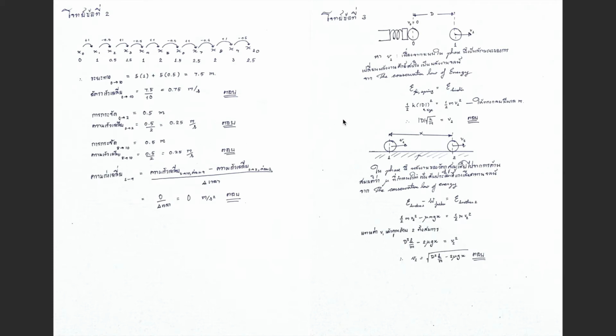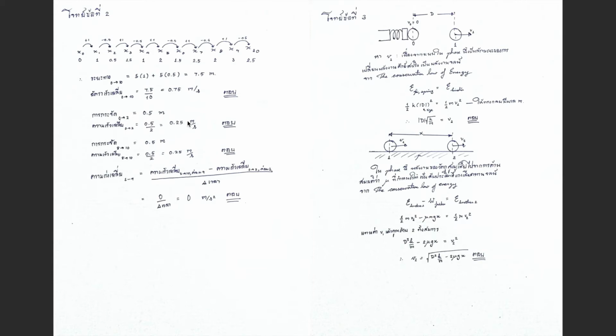And as you can see, the midpoint of 0 to 2 is 1, and the midpoint from 8 to 10 is 9. And the problem asks to find the average acceleration from 1 to 9. So we can just use the average speed that covers 9 as a midpoint minus the average speed that covered 1 as a midpoint.